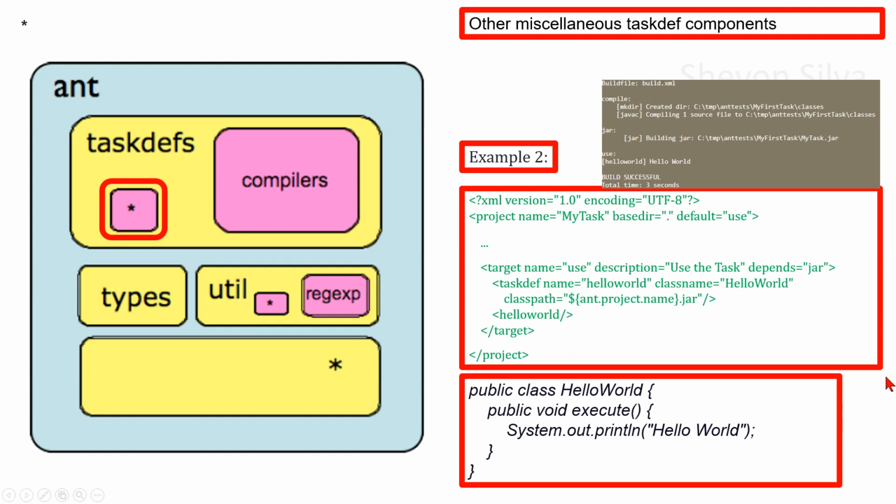But after creating the jar, we want to use our new task. Therefore, we need a new target, use. Before we can use our new task, we have to declare it with taskdef. And for an easier process, we change the default attribute.